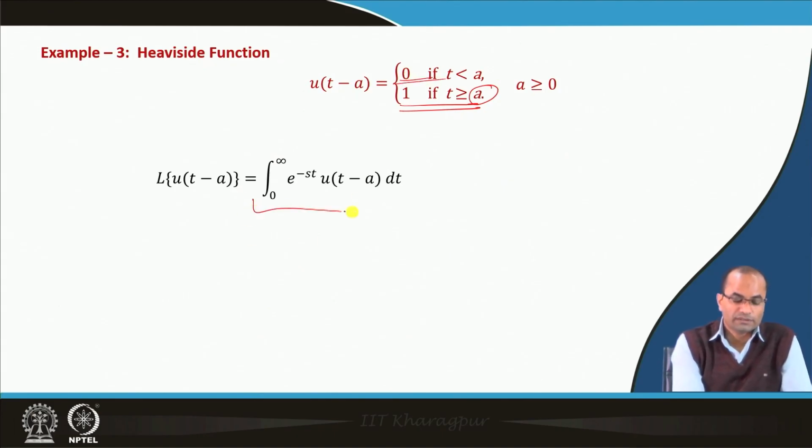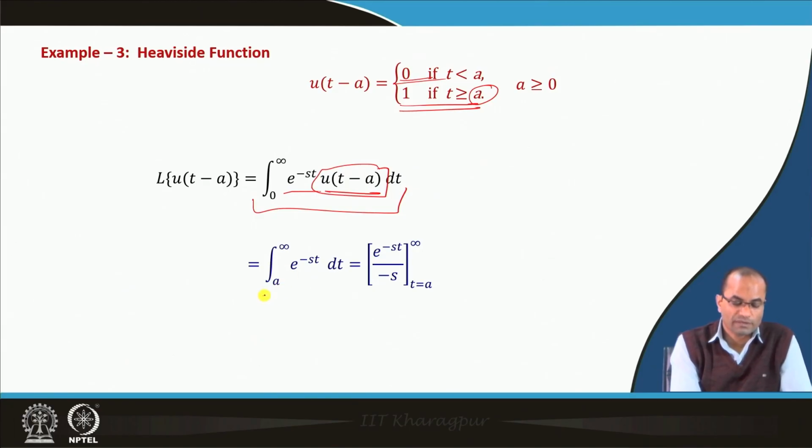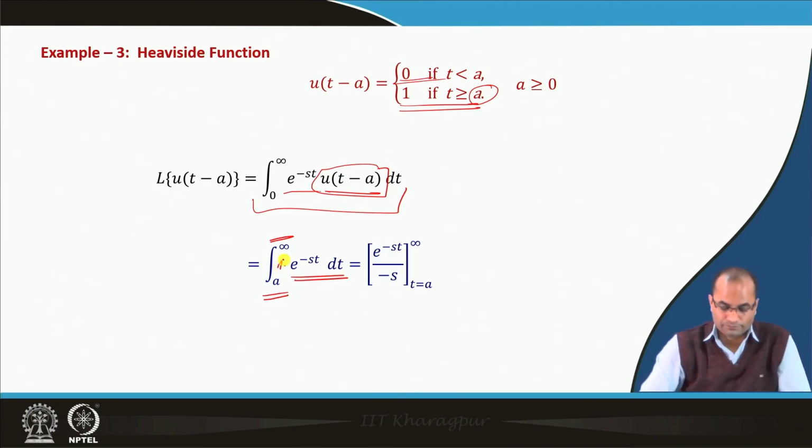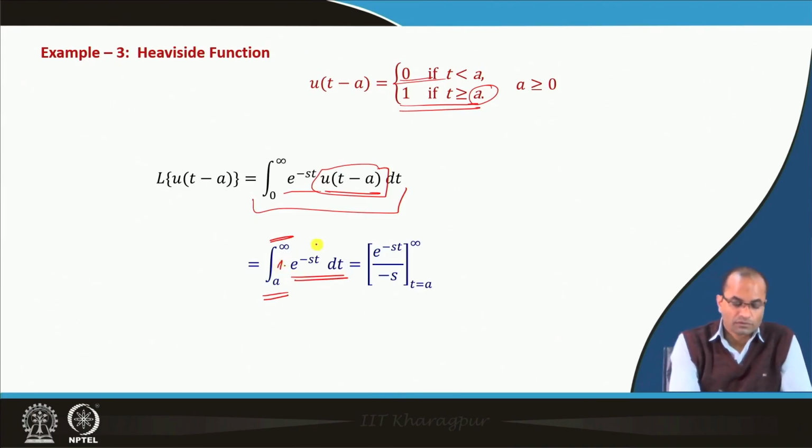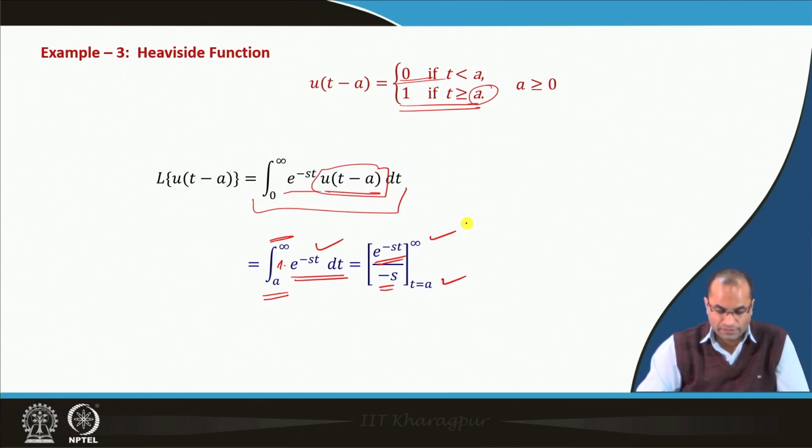Computing this integral now, if we substitute u(t - a) in this definition, we have a to infinity and e^(-st), and since the function is 1, after this integration we have e^(-st) over -s with limits from a to infinity.